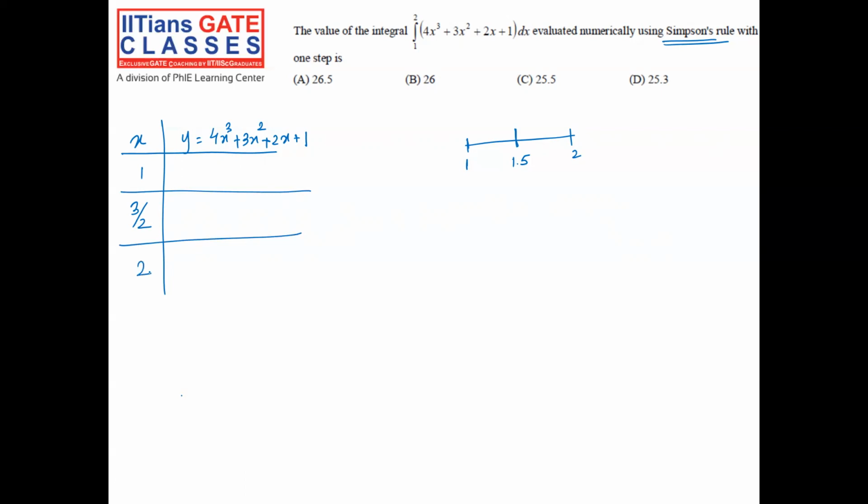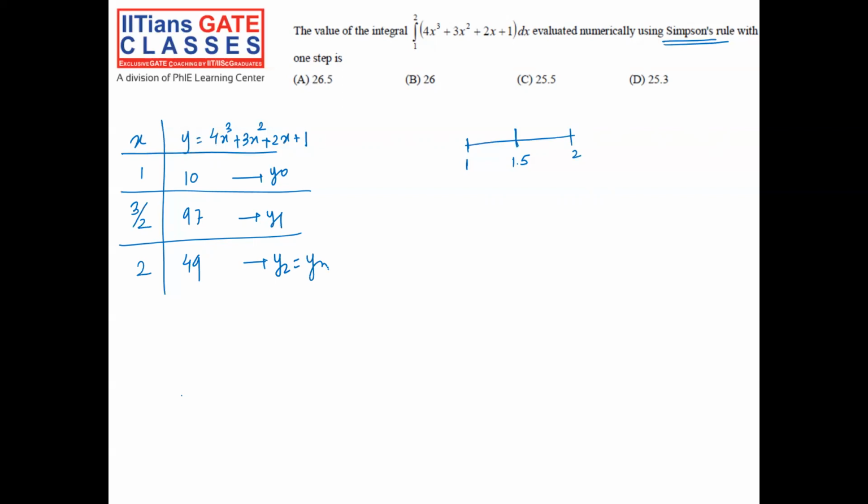If you put these values of x into this function y, we end up with 10, 97 by 4 and 49. We just have to put the values x equal to 1, 1.5 and 2. So this is y0, this is y1 and this is y2, and y2 is equal to yn in this case.